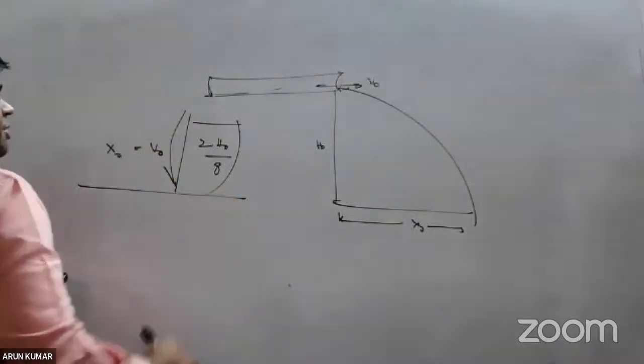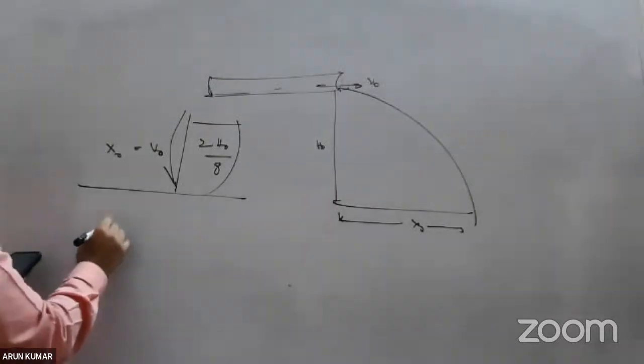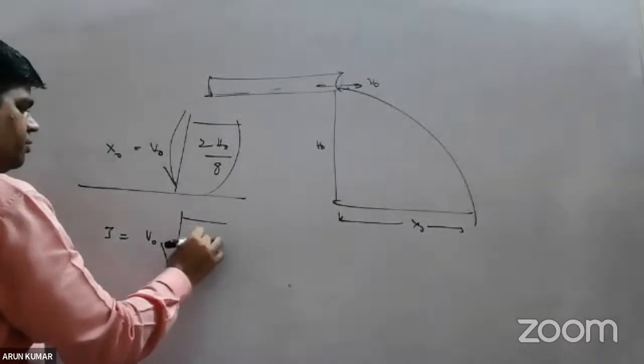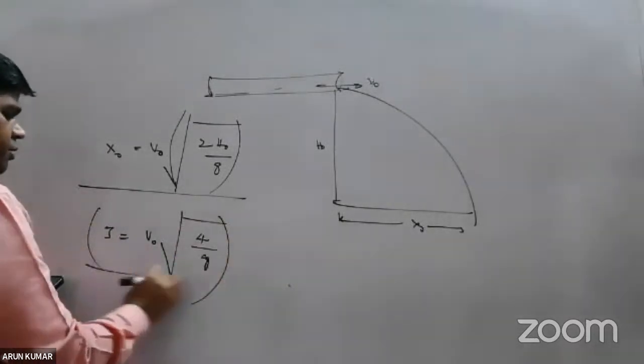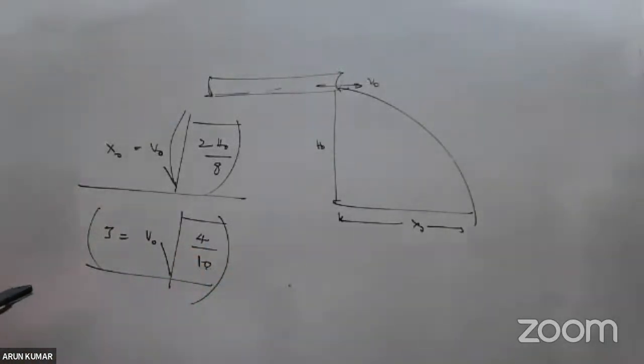Everything is given except v naught. Find v naught. That's it. 3 is equal to v naught into root of 4 by g, or 4 by 10. So square, 9, 90 by 4.